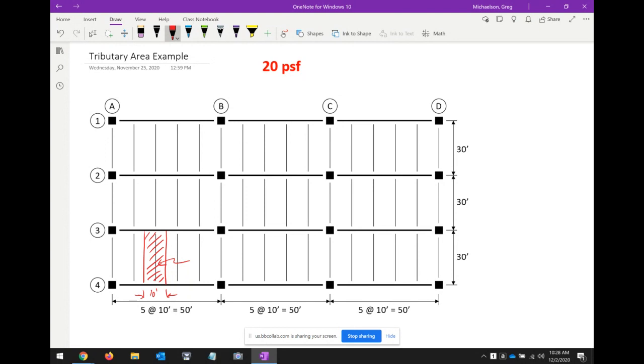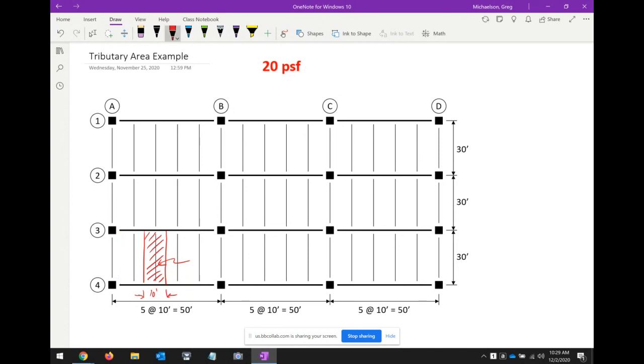So let me ask you a question. If we're looking at the beams, can somebody tell me a beam that's going to have a different tributary width or tributary area? Not the girders, but the beams. Which beam is going to behave differently? The beams on column line A and D. Exactly. These beams over here are only going to have a tributary width of 5 feet. So here's something to think about.